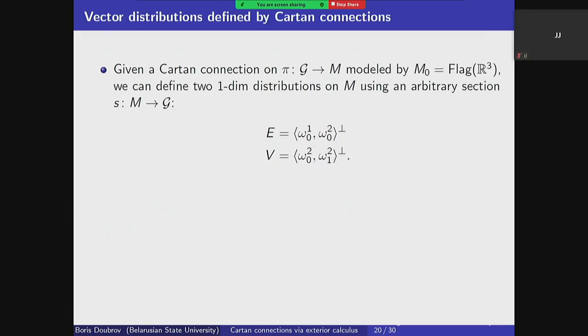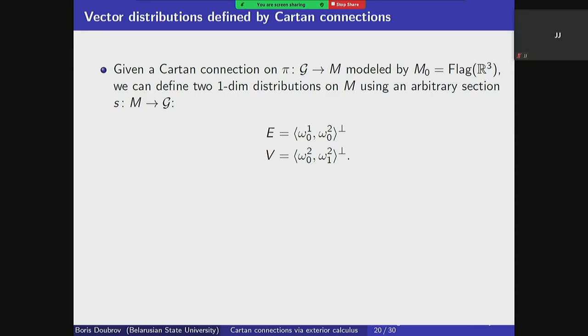So that's how it goes. If you have any connection modeled on this flag variety, for any such connection we can actually define two one-dimensional distributions using an arbitrary section.